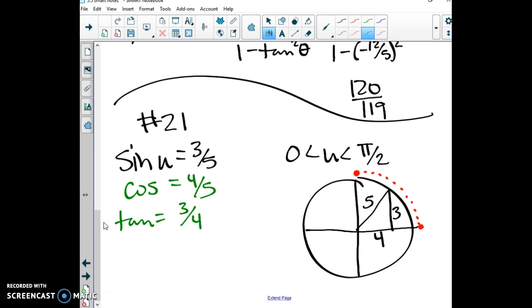So 21 says find the exact values again of sine 2u, cosine 2u, and tangent 2u. We're going to do the same thing exactly, but we're given this restriction on u. We're in the first quadrant from 0 to pi halves, so that allows us to figure out these other trig functions. We get the cosine as 4/5 and the tangent as 3/4.